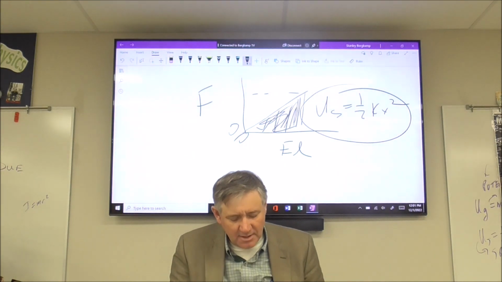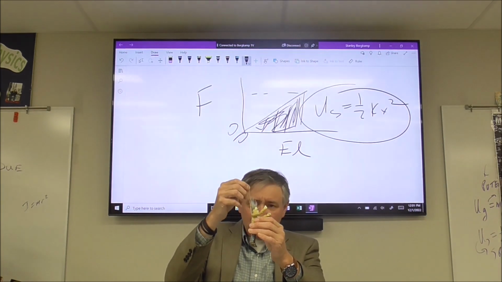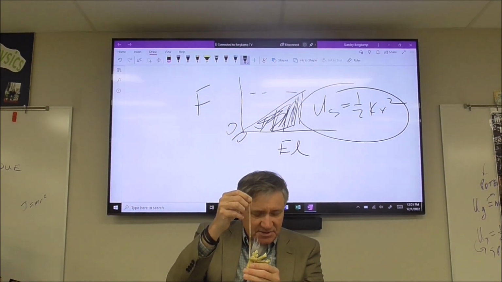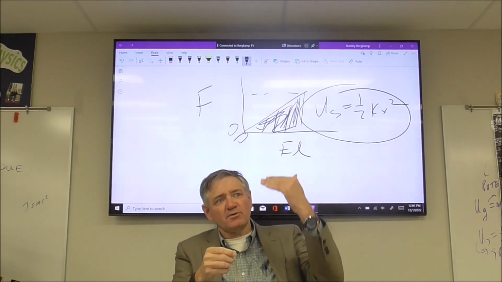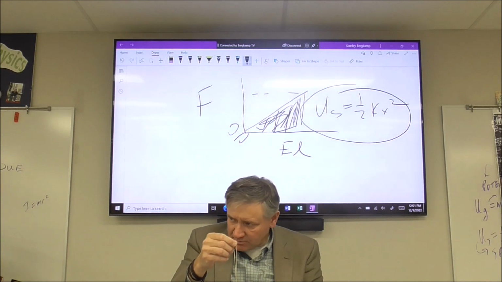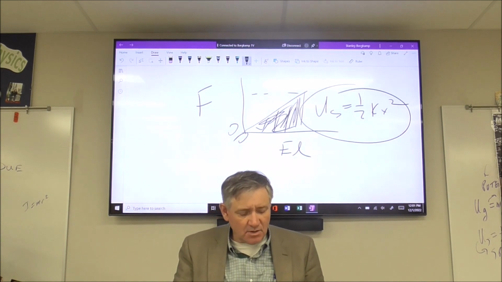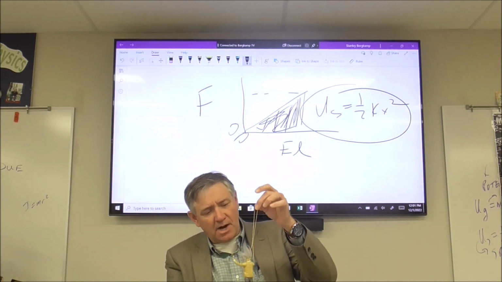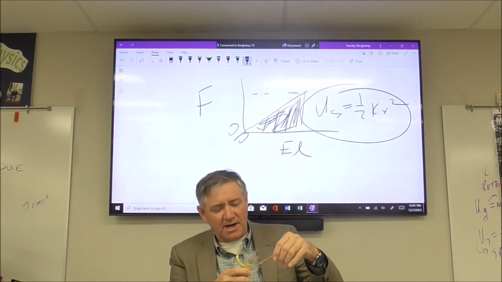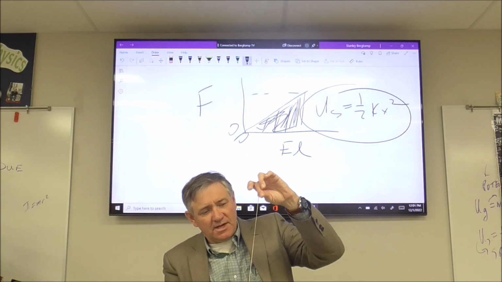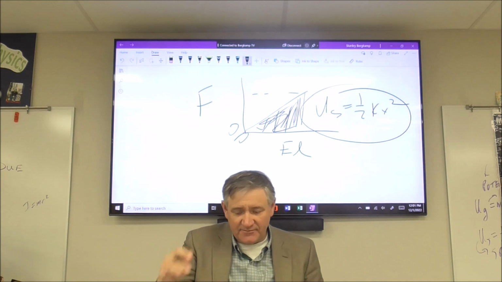Now, after that bungee cord hits and this thing begins to stretch, what happens to the upward force acting on you the farther the bungee cord stretches? It increases because F equals Kx. When you get down to the bottom, the easiest way to work this problem is to find the K value.